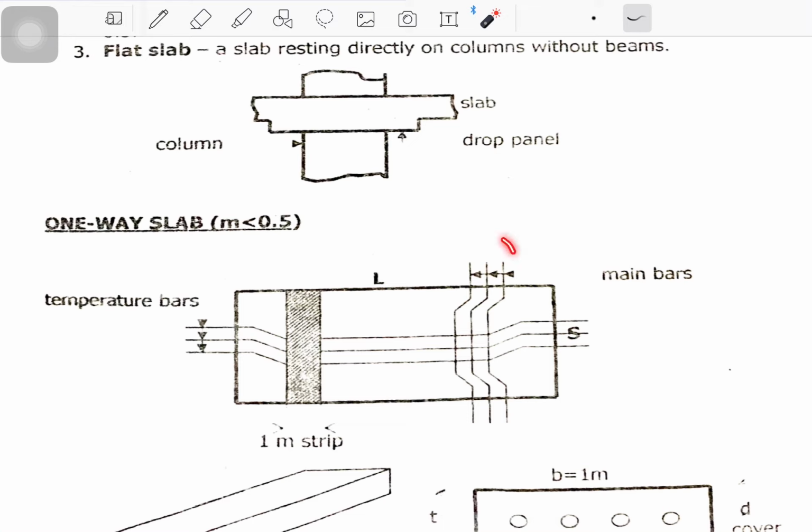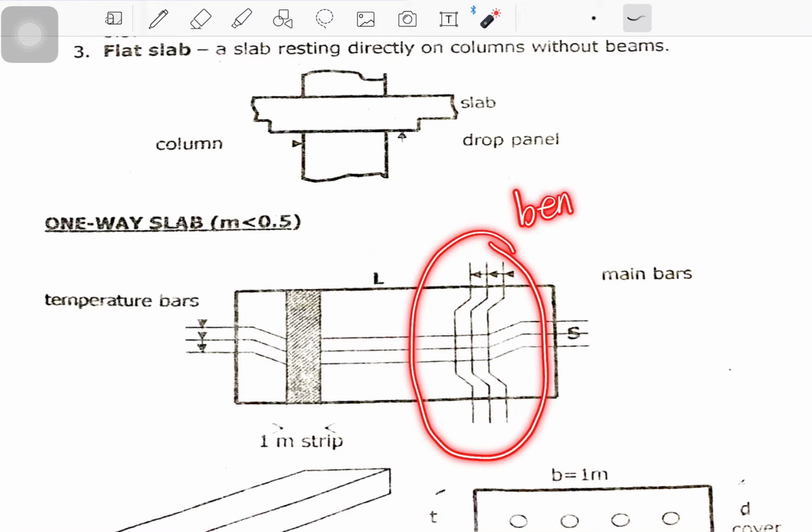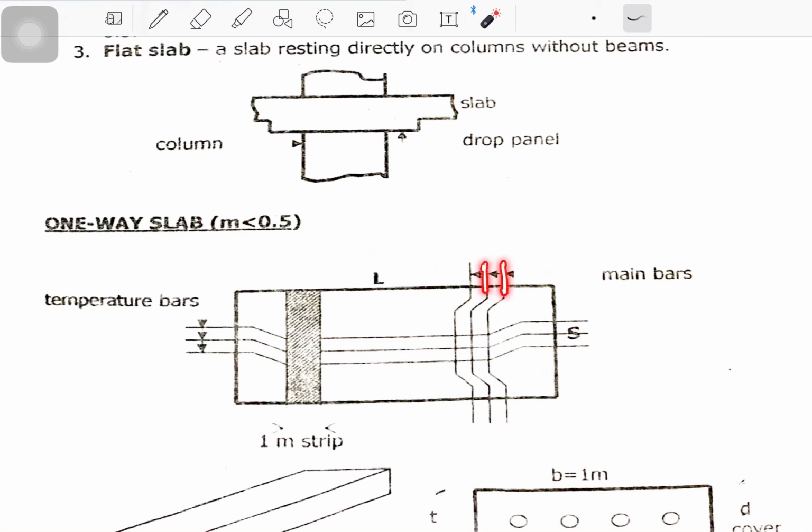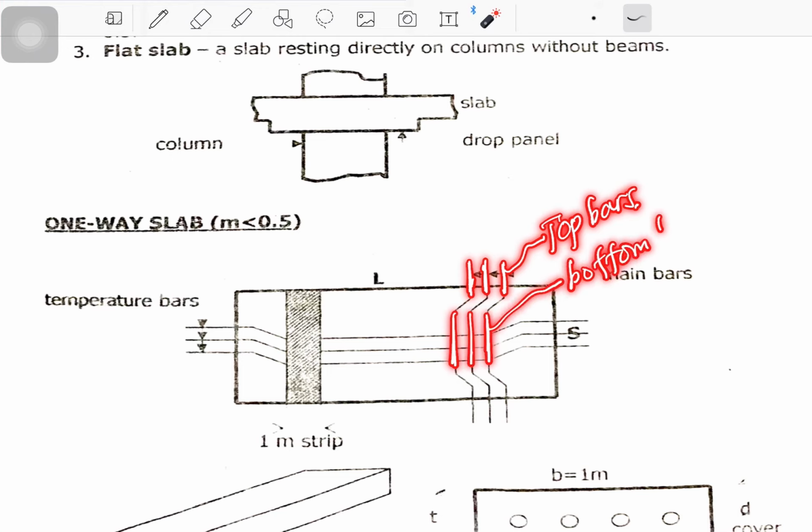Normally this is called bent up. In construction, we will not use this. Normally we use the cut-off bars. Cut-off bars mean you cut at this point for the top bars, and then you cut again for the bottom bars. So that is called cut-off bars.